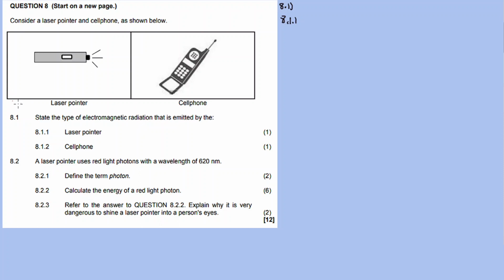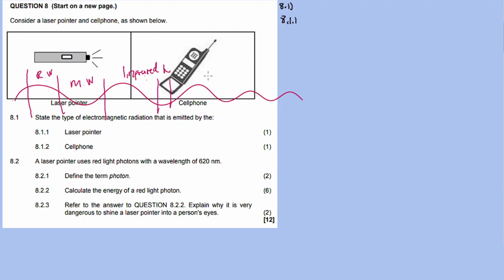The electromagnetic spectrum has seven energy frequencies or wavelengths. There is radio wave, then microwave, then infrared, then visible light, then ultraviolet light, then x-rays, then gamma rays, right?